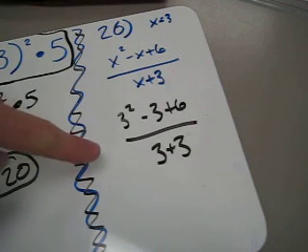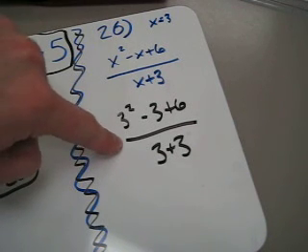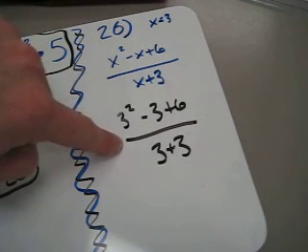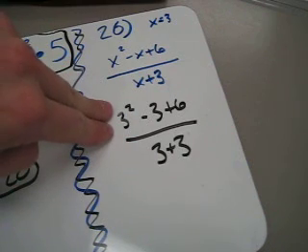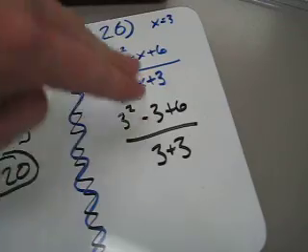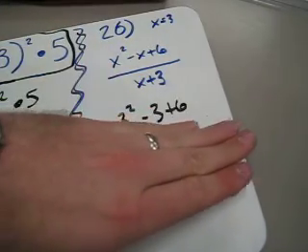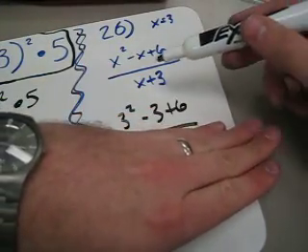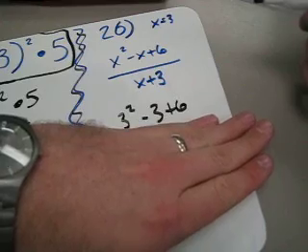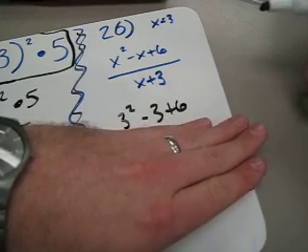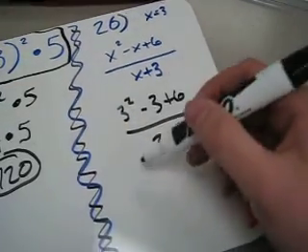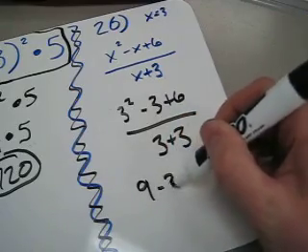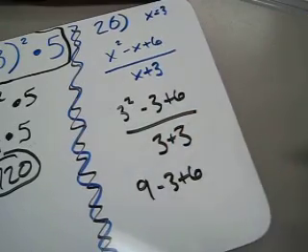Alright, okay, we said a lot of people don't think of a fraction bar as grouping symbols, but we're going to. We need to simplify on top of the fraction bar, simplify on the bottom of the fraction bar. Okay, on top, if I'm just looking at that by itself, 3 squared is what we need to do first because exponents come before subtraction or addition. So 3 squared is 9. 9 minus 3 plus 6.